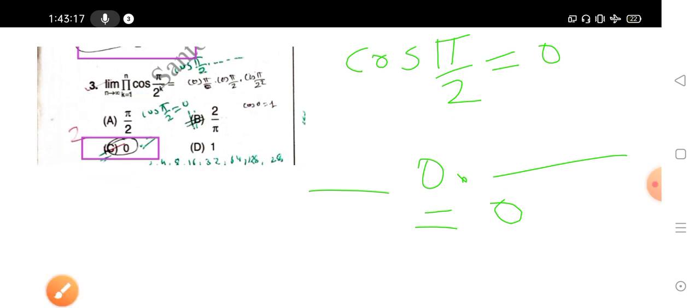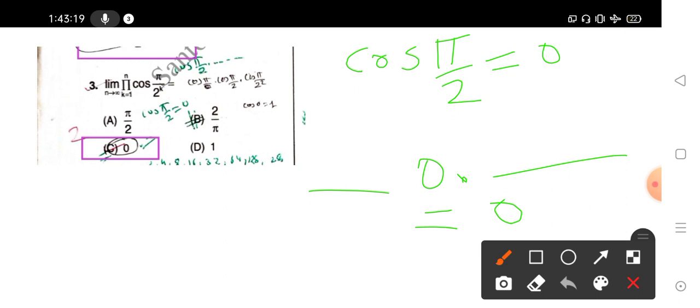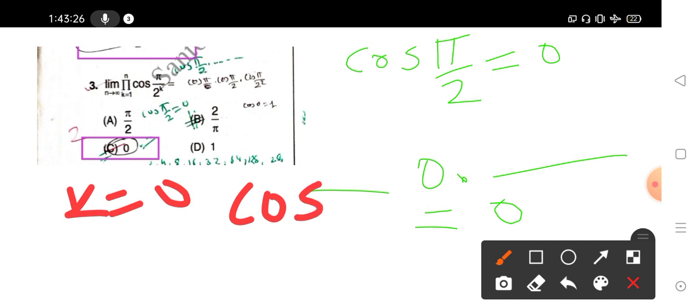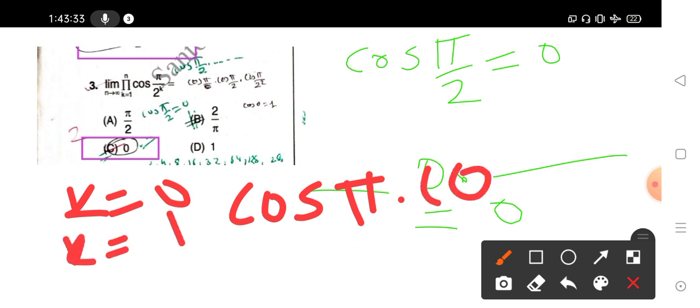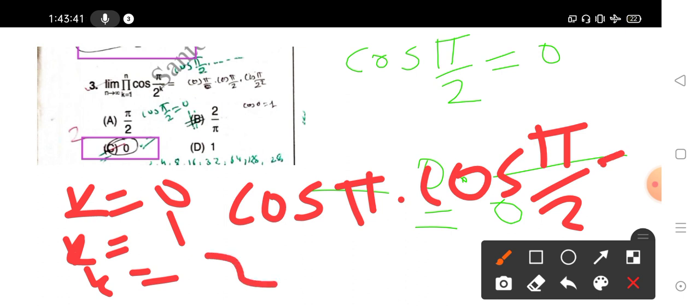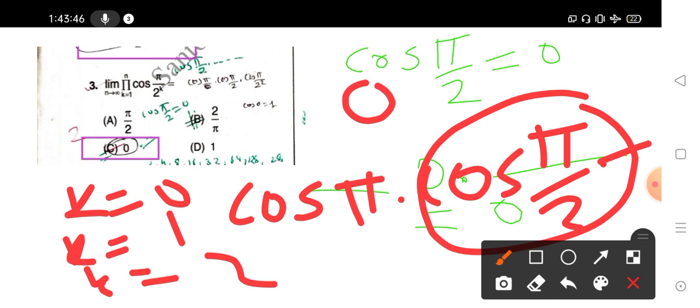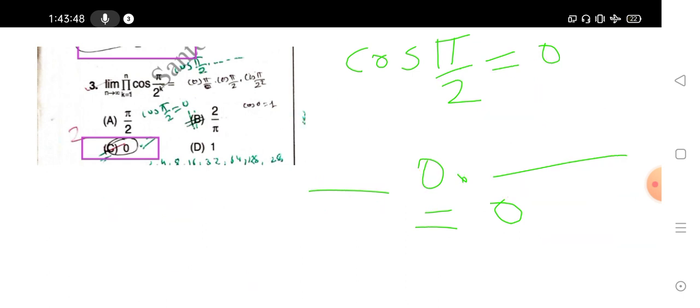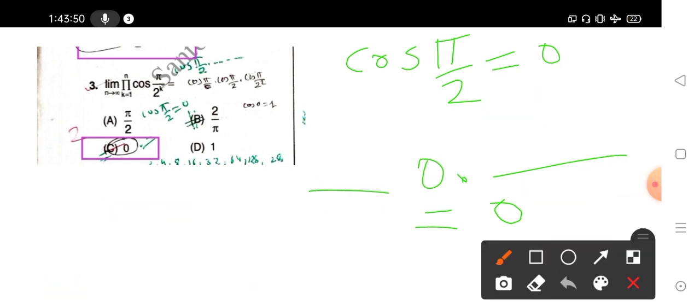We know that cos pi by 2, put k equal to 1, cos pi by 2, into k equal to 2, and so on. Up to here cos pi by 2 equals 0, therefore the product is also 0, therefore option C is correct.